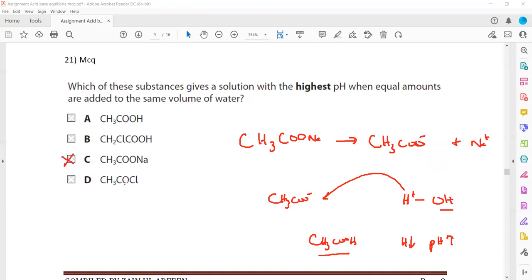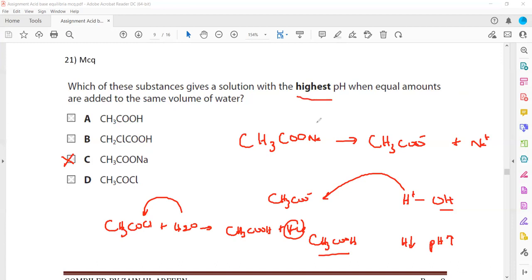Why not D? That is ethanoyl chloride. When it dissolves in water, it will form HCl, like CH3COCl plus H2O. As a result, OH will take the position of the chlorine, so it will be CH3COOH plus HCl. And due to this HCl, the amount of hydrogen ion will increase, so the pH will be lower.